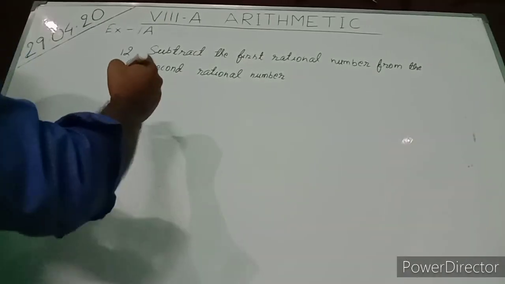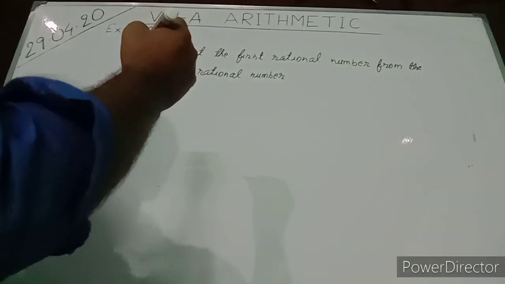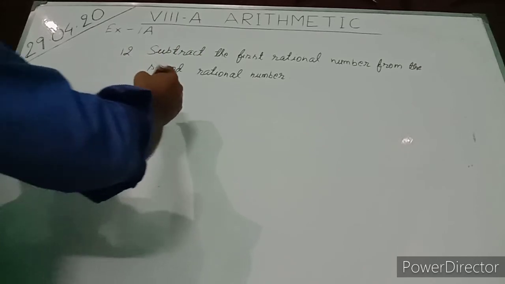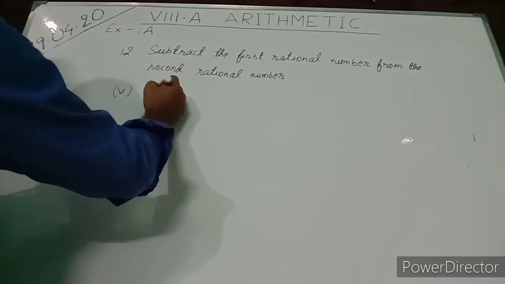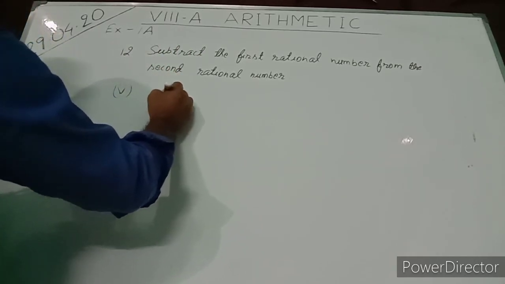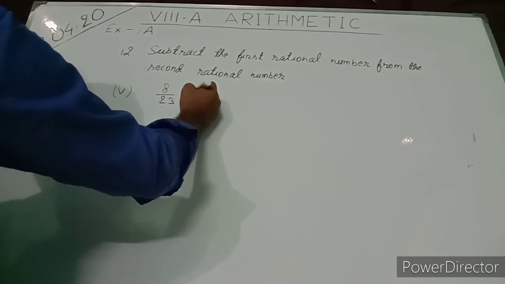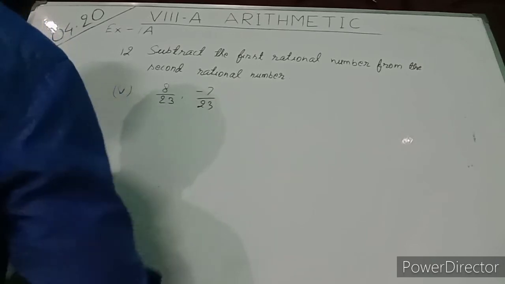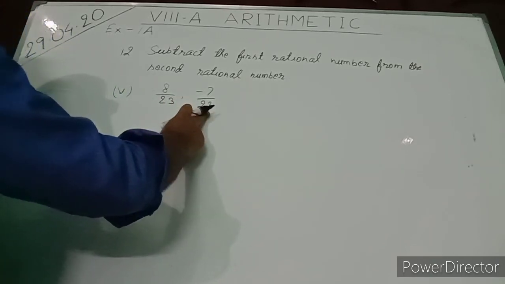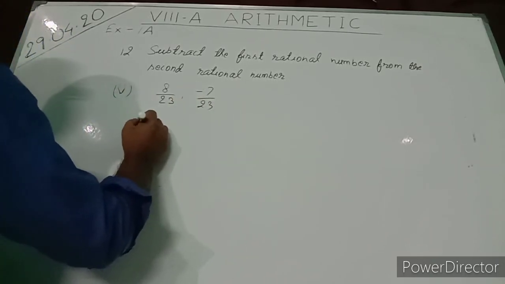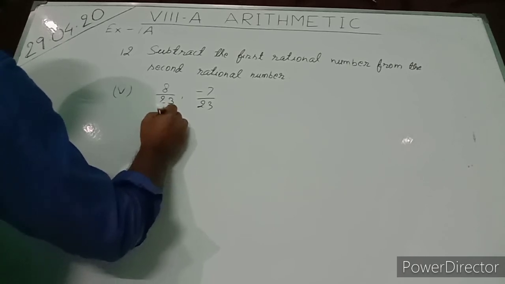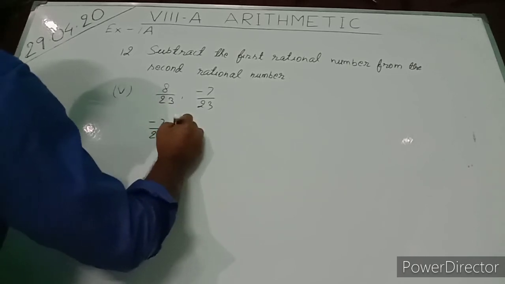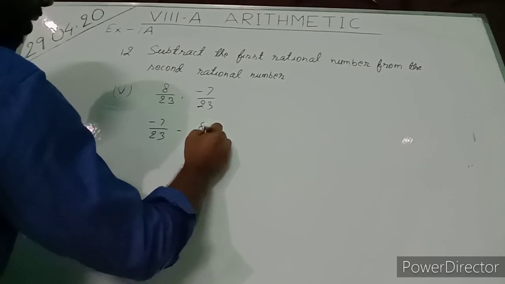One more question we will solve of question number 12. That question is Roman number 5. These two rational numbers are 8 by 23 comma minus 7 by 23. Subtract the first from the second. So the second should be written first. Minus 7 by 23 minus 8 by 23.